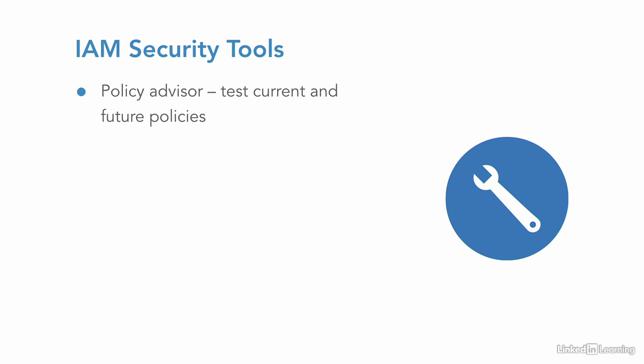So the Policy Advisor allows you to test your policies that you've created and any new work you're considering carrying out. And as we know, multi-factor authentication allows us to have an additional code that we have to enter whenever the account is authenticating into your AWS account. So we can enable MFA for any user account, including the root user account.